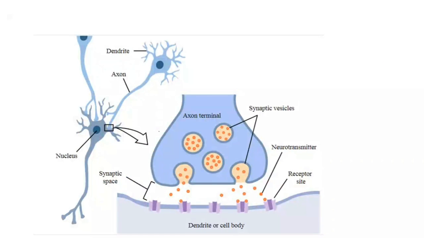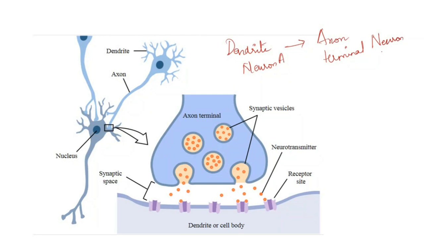Now, you have to understand how a signal is passed. You can see that the dendrite of one neuron is connected to the axon terminal, or the axon end, of the other neuron. There is basically a gap.